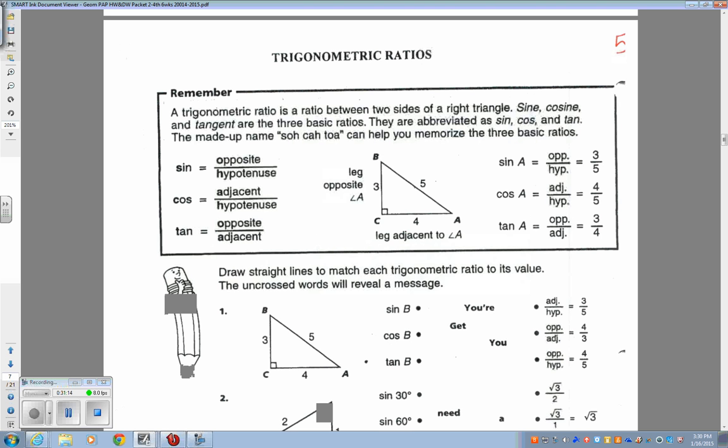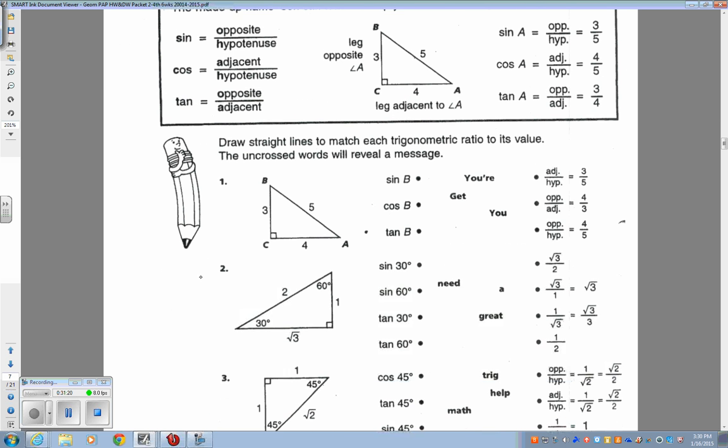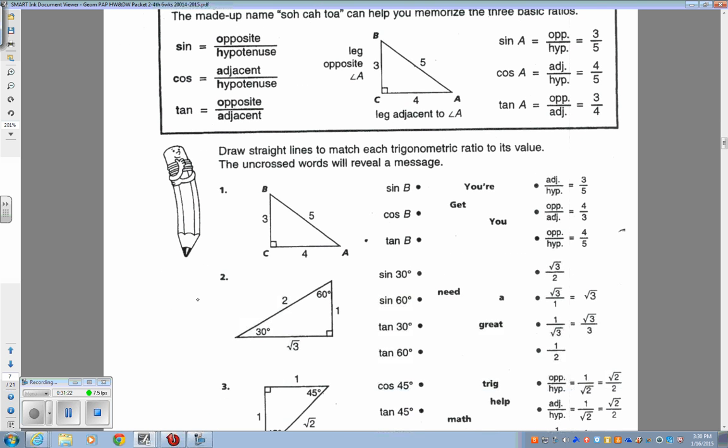They've given you examples in this box. You can use the straight edge or just guesstimate. You're going to match the trig ratio and its value, and the uncrossed word is the word you'll use to reveal the message.